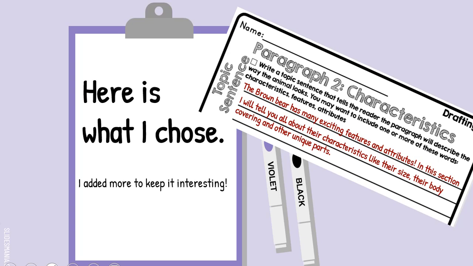So you can actually write more than one sentence if you so wish, but Miss Julia added a little bit more to keep it interesting, and also this is what she's going to talk about. So it's a good idea to put that in as well because it's going to help explain what she's talking about in the rest of the paragraph when you put it together.